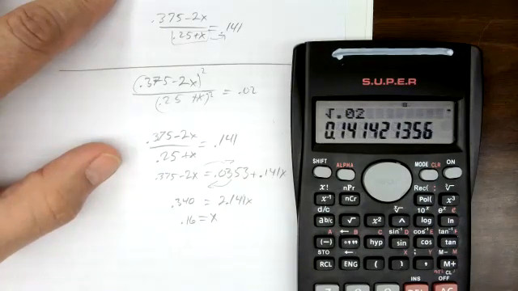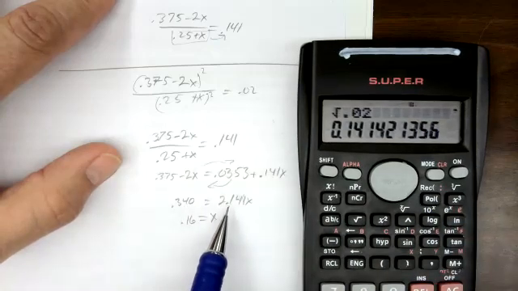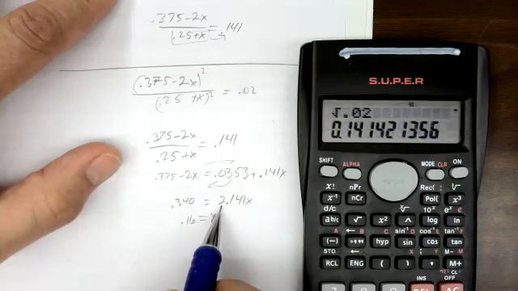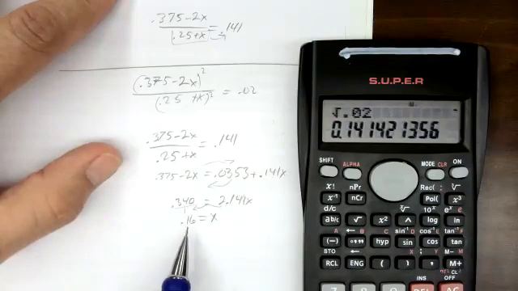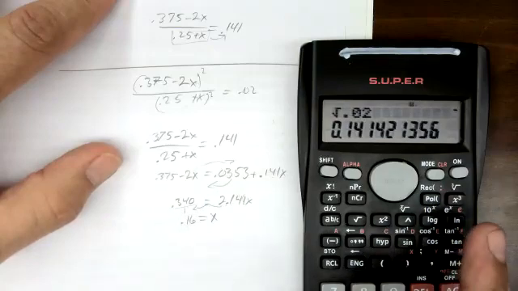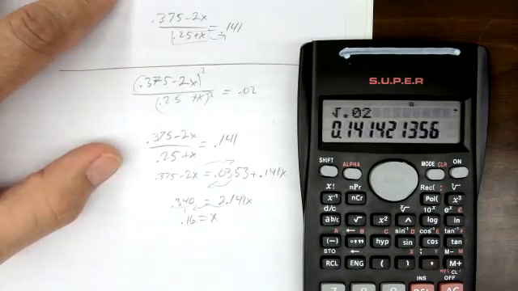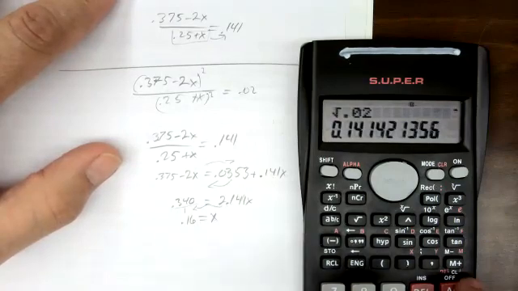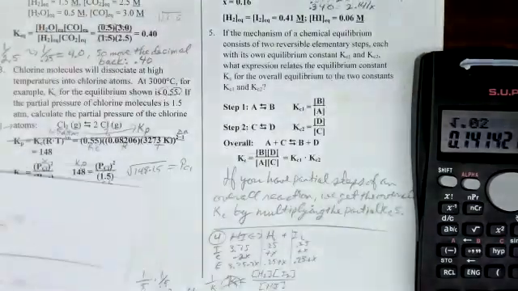There we go. And then this divided by that, this goes under, and we get 0.16. Yes, I found out my mistake. Okay, I got it.